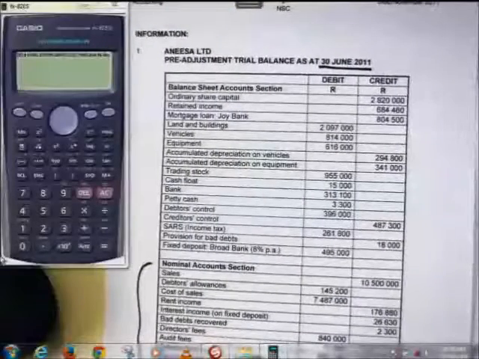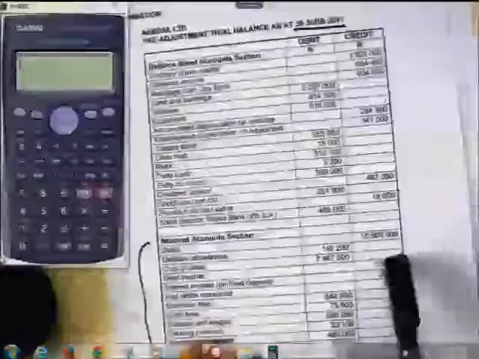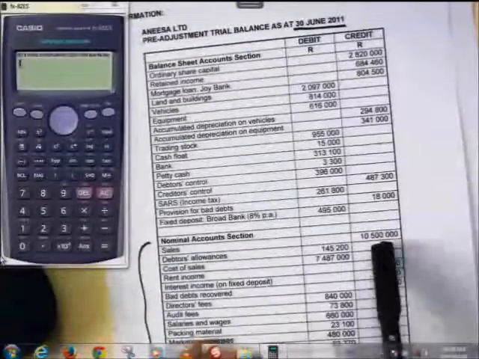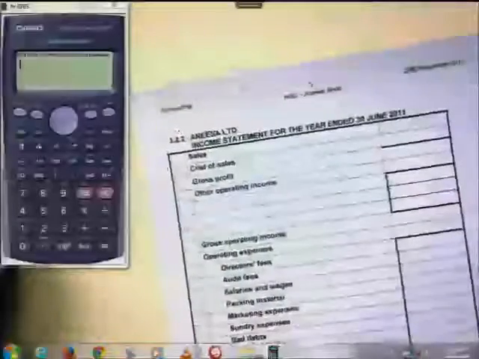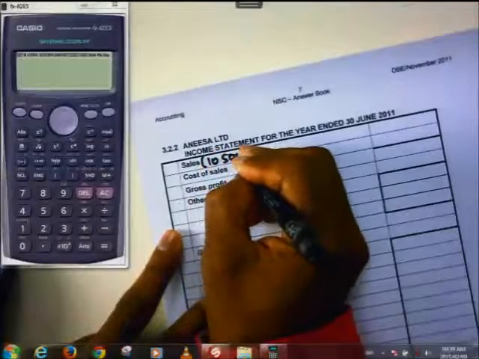So we'll start with the sales amount, and we must check how much was given for sales. There is 10,500,000. So you write sales as given to us, and then you open a bracket next to sales, 10,500,000.